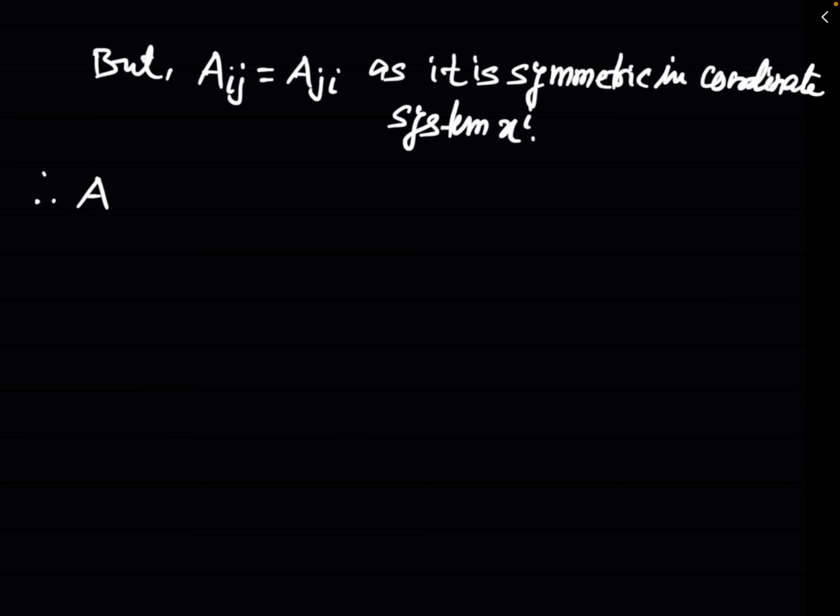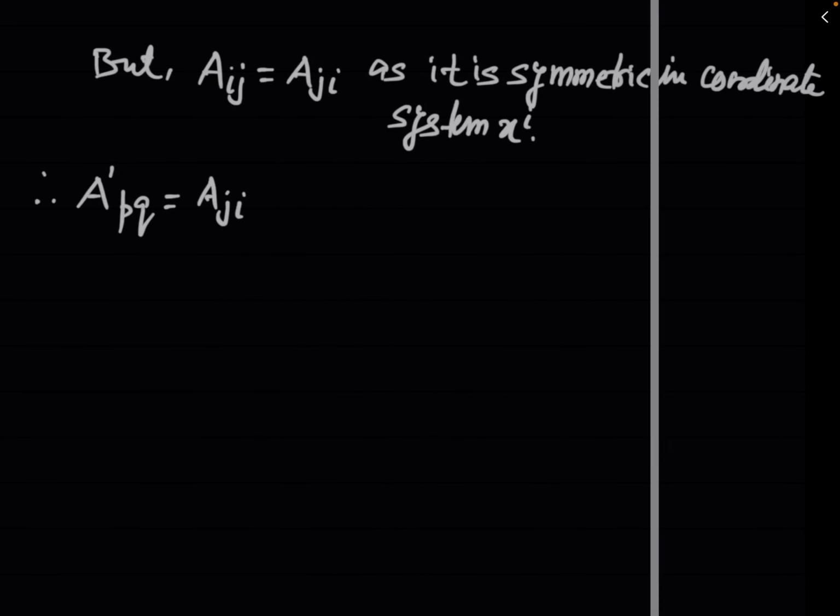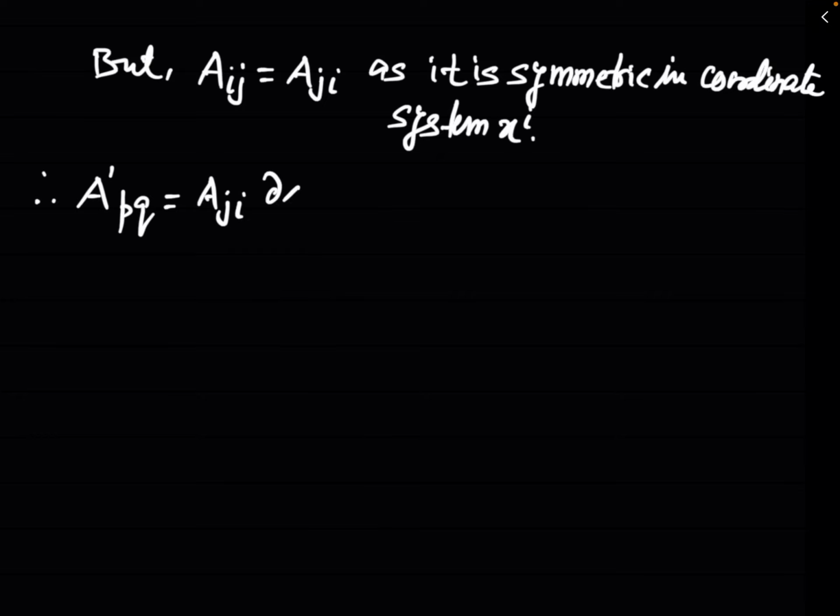Therefore, we should write A prime PQ is equal to A sub ji times del xi by del x prime p times del xj by del x prime q.